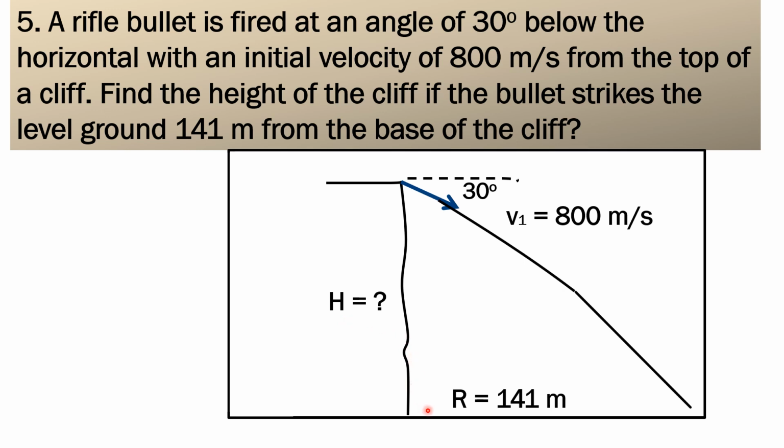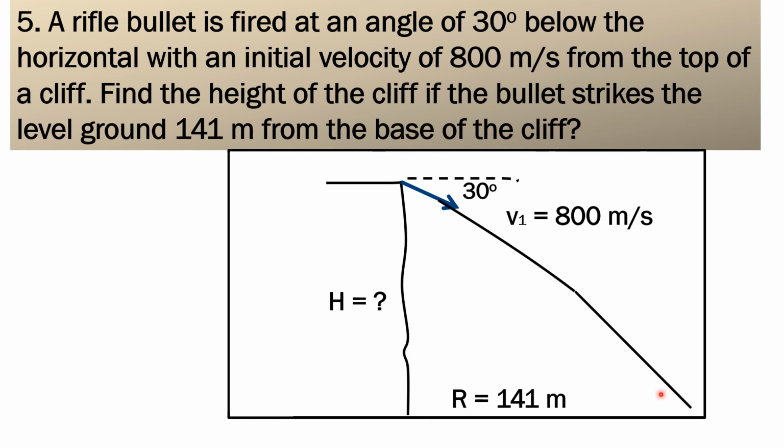The horizontal distance from the bottom of the cliff up to the point where the bullet hits the ground is given. The range is given as 141 meters, all right. So how do we answer this question?